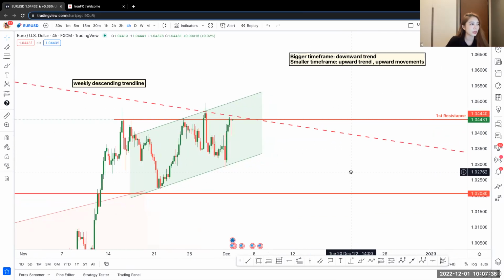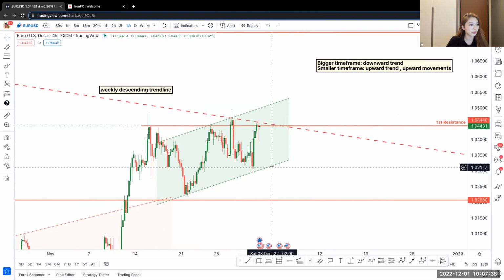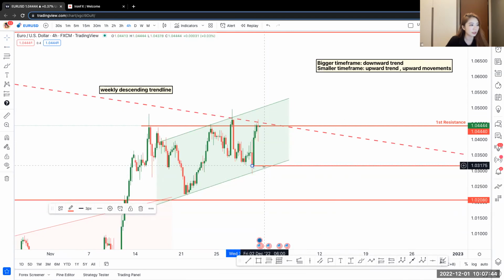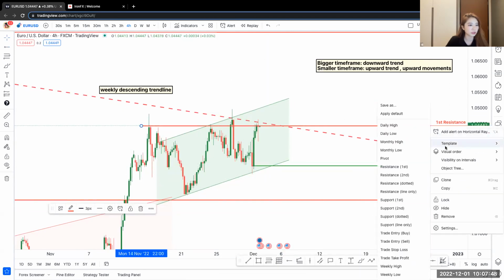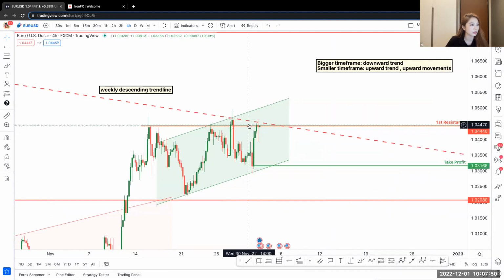Okay, so this is what we are looking at right now. However, it could still be quite a risky analysis. However, we can take a look at possibly a short-term analysis.